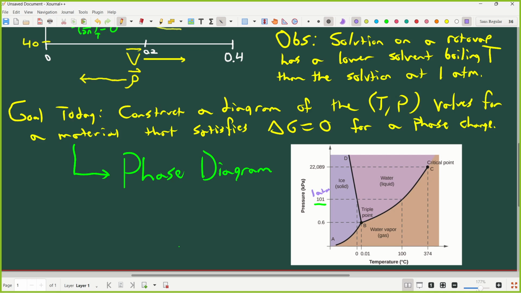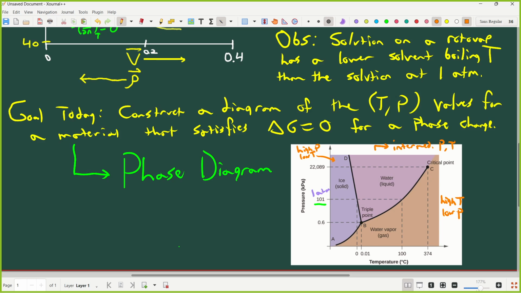So I always like to think of, and there are very few exceptions to this rule, that liquid is intermediate P and T, gas is high T, low P, and solids are high P and low T materials. And that's generally the case for most materials.